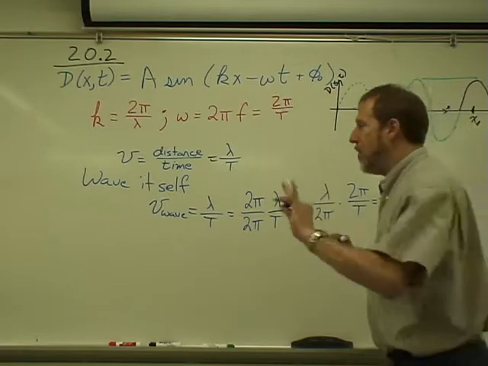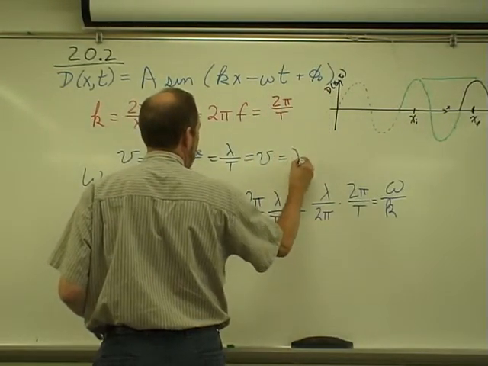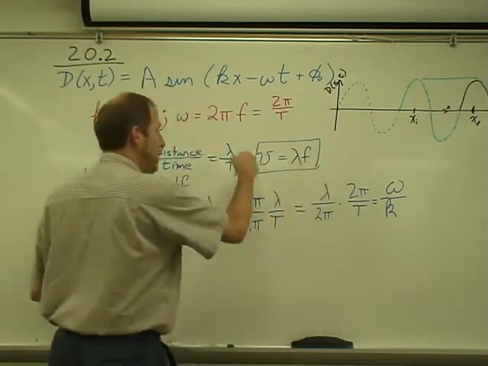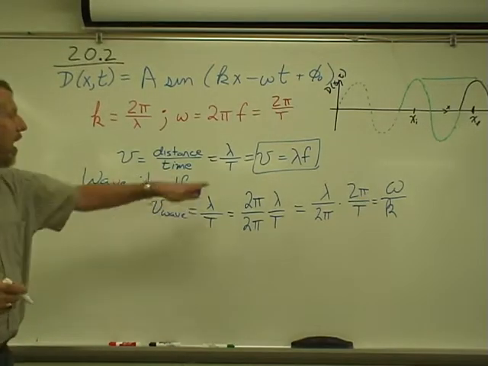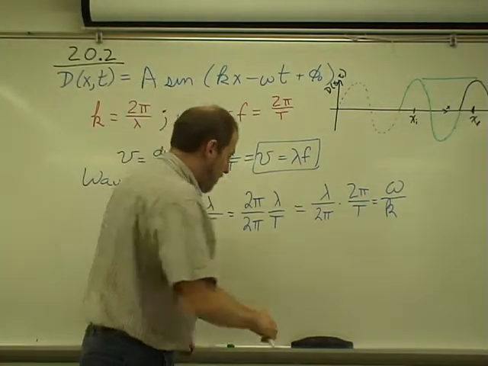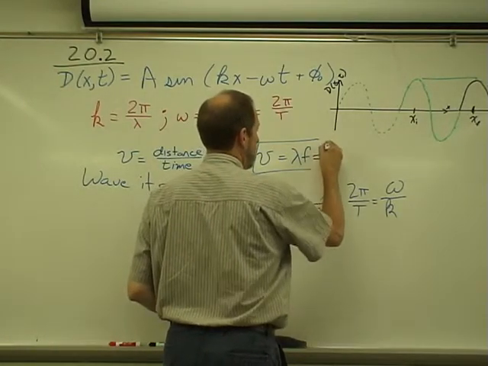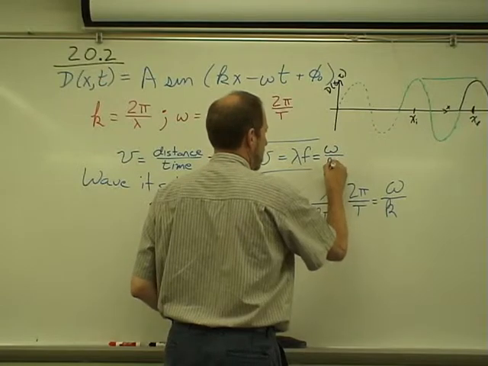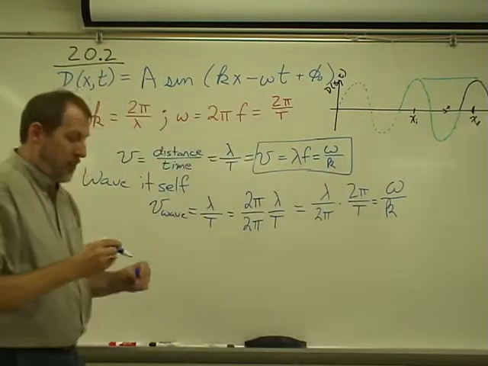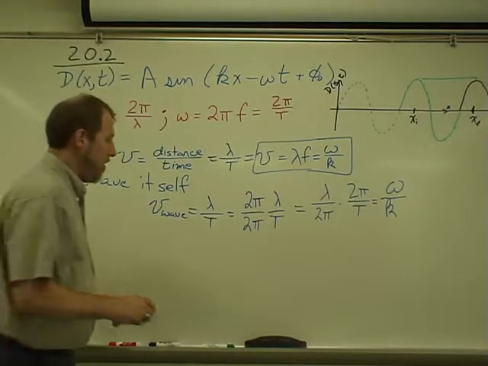So the movement of the wave itself, which I can also write as lambda times the frequency, because the frequency is 1 over the period, I can write that as the wavelength times the frequency, or the angular frequency divided by the wave number. So that's the speed of the wave itself.